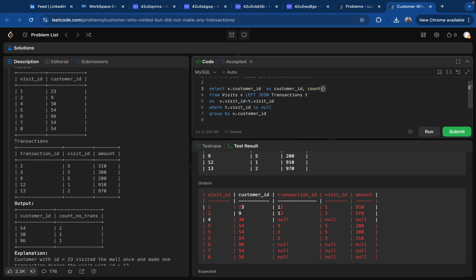So we can count transaction ID or anything, how many visits they made without making any actual purchase. So what I am expecting for 30 is 1. For 54, because there are 2 records, I'll get 2.